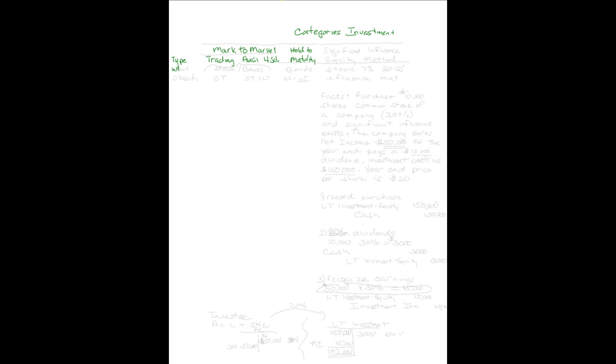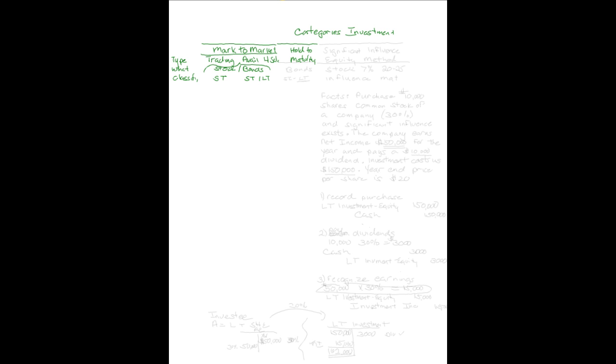What we were investing in could be stocks or bonds. On the mark-to-market, it could be either one. But if it were really short-term, it were trading. And if it were management's intent to hold it for a while, it would be classified as long-term. So that's our mark-to-market category. Those are stocks or bonds.